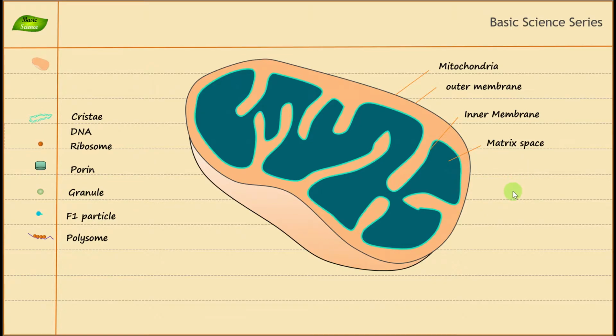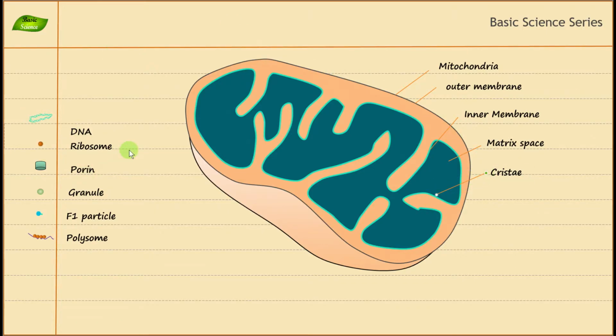So you have these individual components here, and now you can see our structure is getting there. Now let me label the cristae. I hope that you remember what is cristae. Cristae are these finger-like projections of the inner membrane.